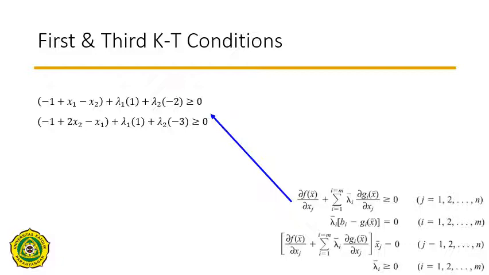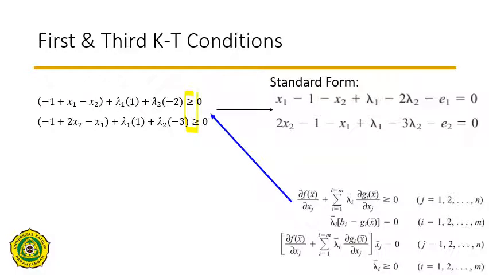If we recall about standard form in simplex algorithm, whenever you have the sign of greater than or equal to, you need to add the excess variables, and the sign is minus. So minus E1 for the first constraint, and then minus E2 for the second constraint.